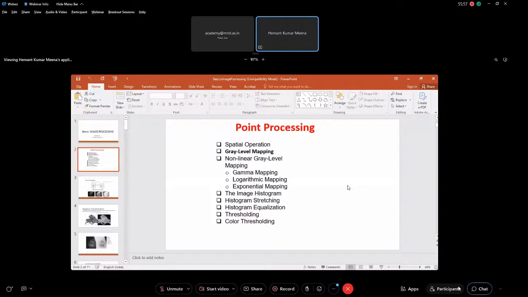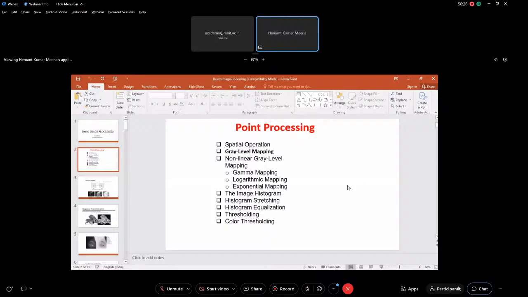Then we will see the different types of operations which work upon the image. For example, gray level mapping and non-linear gray level mapping. Why do we do it? We will go through it when we discuss every topic. Non-linear gray level mapping includes gamma mapping, logarithmic mapping, and exponential mapping, then the image histogram, histogram stretching, and histogram equalization.